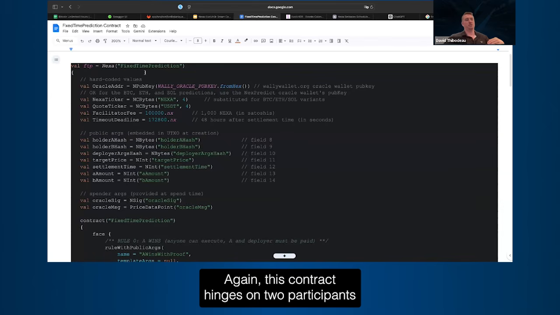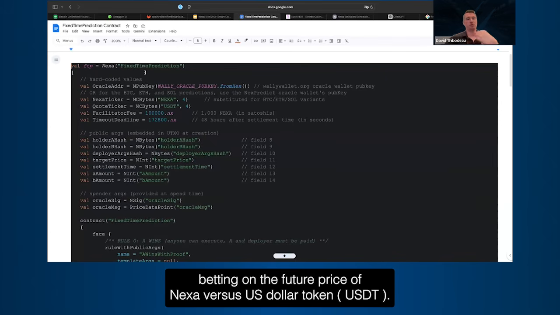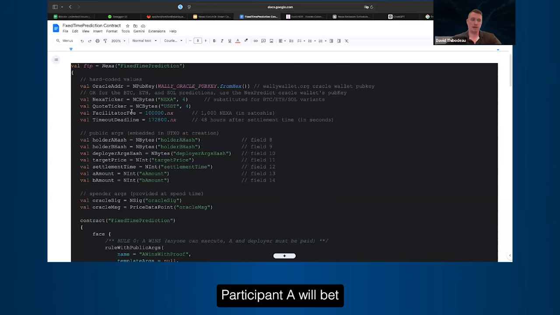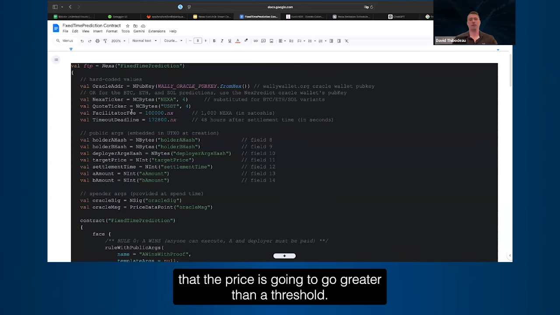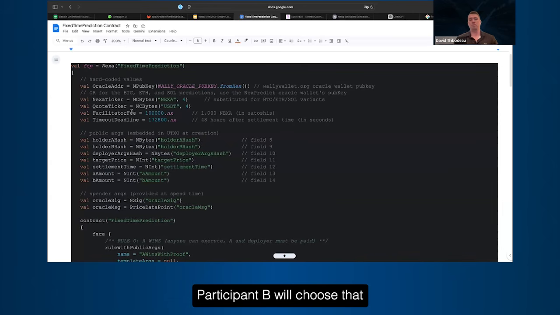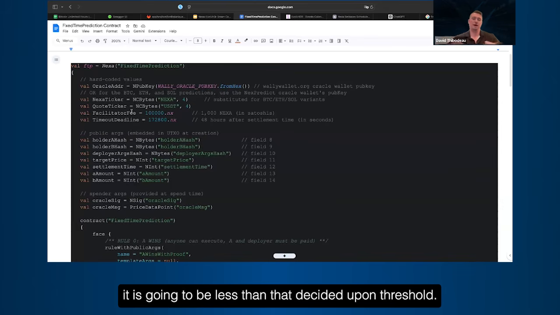Again, this contract hinges on two participants betting on the future price of Nexa versus US dollar token. Participant A will bet that the price is going to go greater than a threshold. Participant B will choose that it is going to be less than that decided upon threshold.